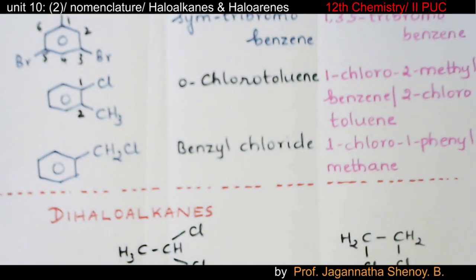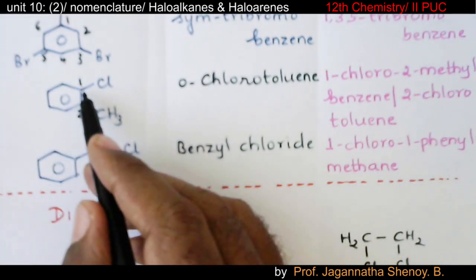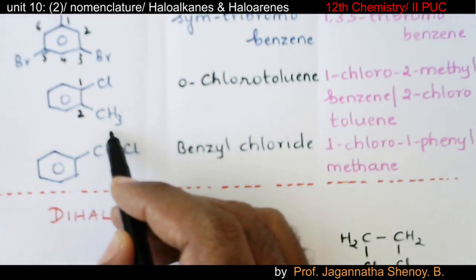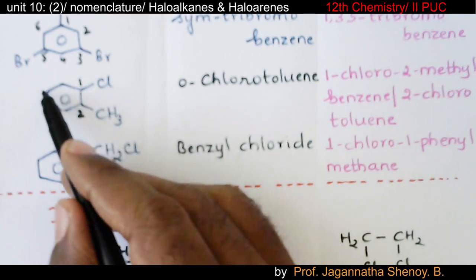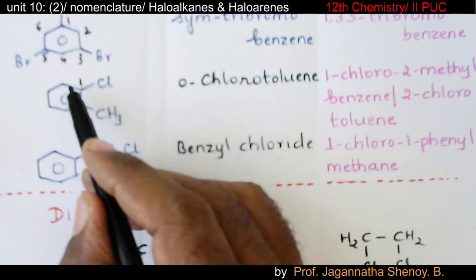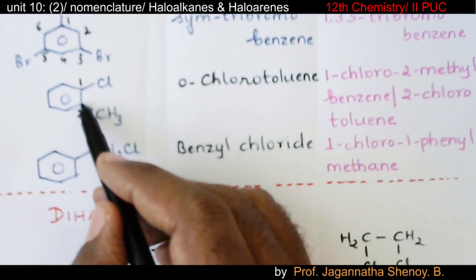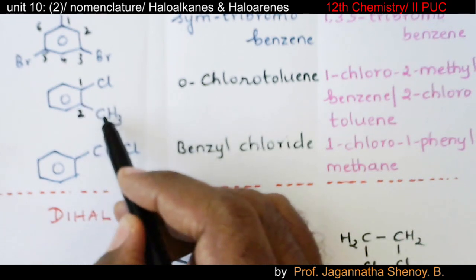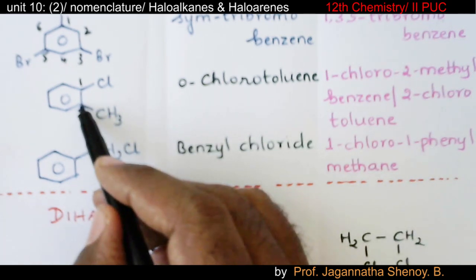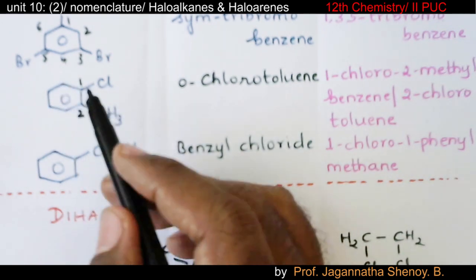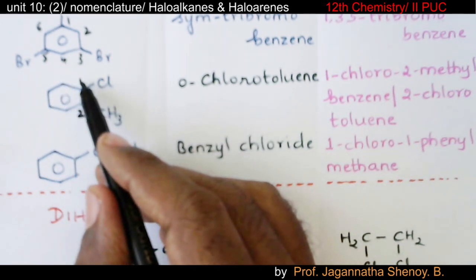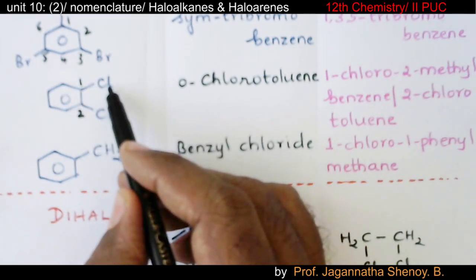There is another way of naming it. You know that toluene itself is an accepted IUPAC name. So if I take toluene as the parent hydrocarbon, obviously the carbon atom of the benzene ring carrying the methyl group will become number 1 because we are treating it as a derivative of toluene. And then obviously the next position is the second position where we have the chloro group.